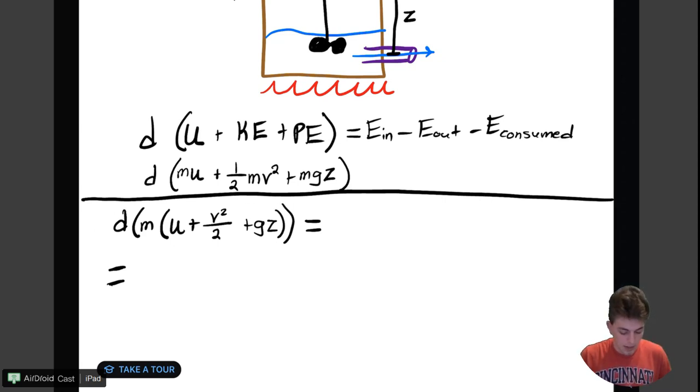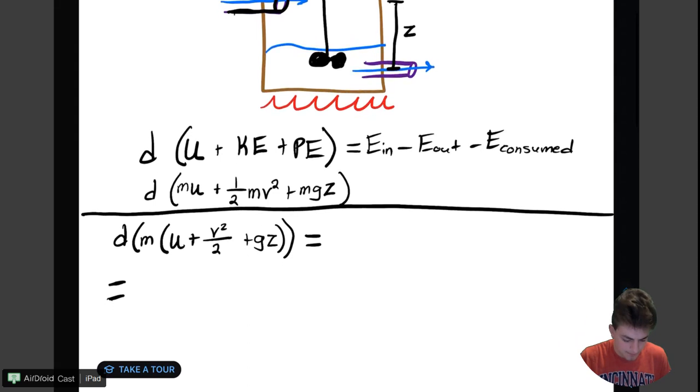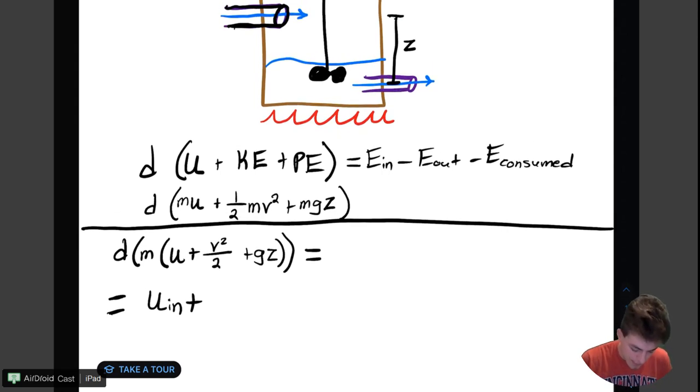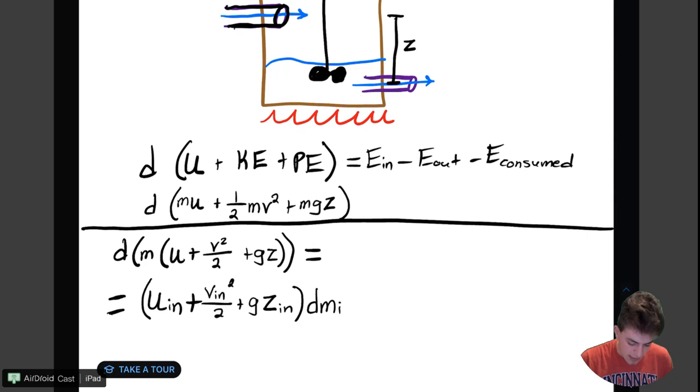So, we can say that that's equal to the energy in, and the energy in will be, well, whatever our internal energy in is, plus the velocity coming in squared over 2 plus gravitational constant plus the height of the inlet tube. And all of that then is going to be multiplied by some differential change in mass in.